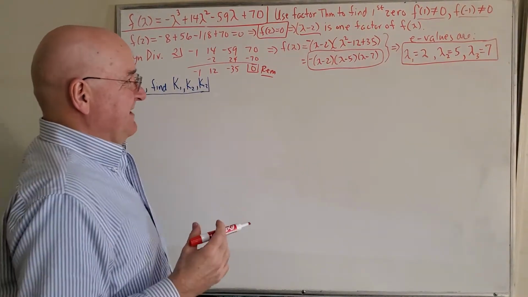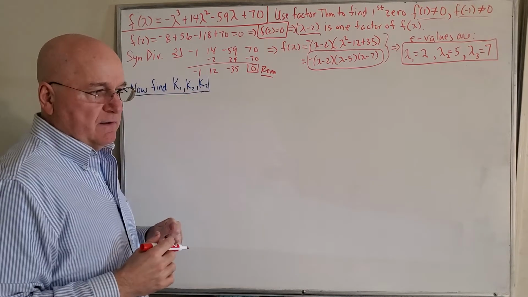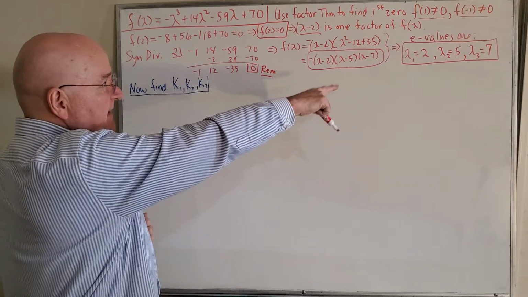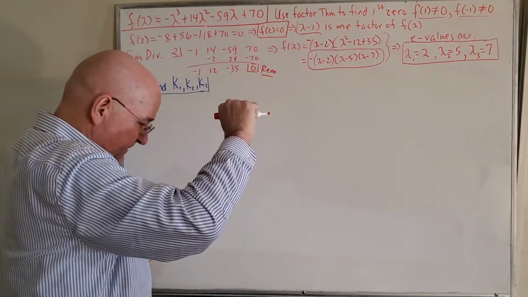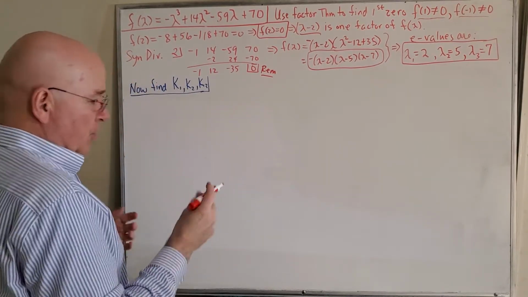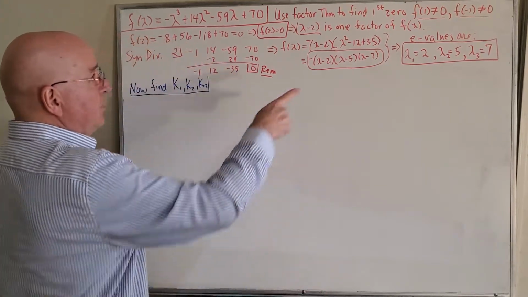What else did we need? We need to find k1, k2, k3, the eigenvectors that correspond to lambda 1, lambda 2, lambda 3. So we're going to set up the equation, let's start off with lambda 1.